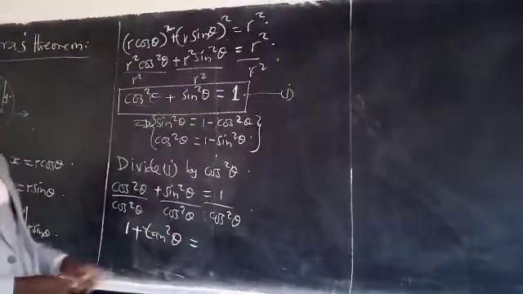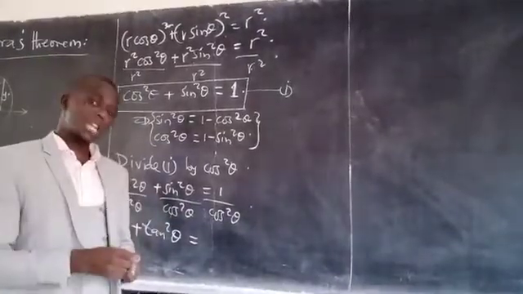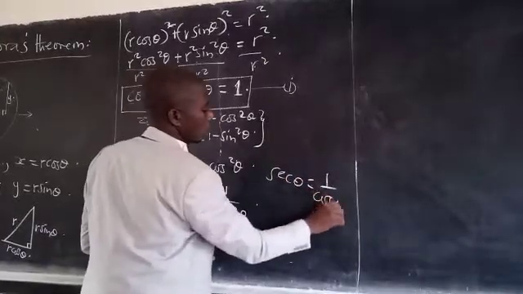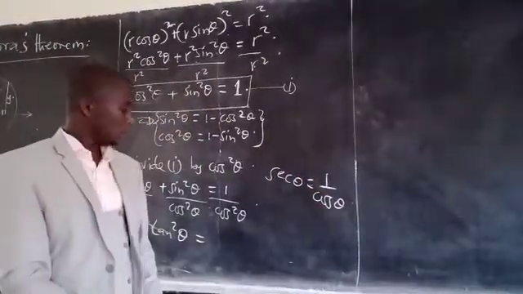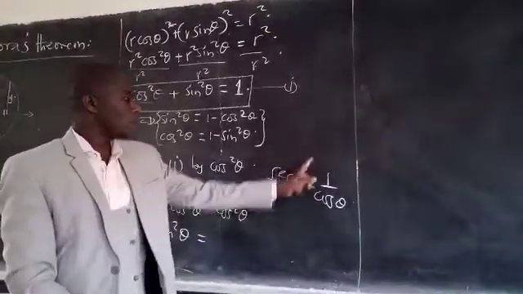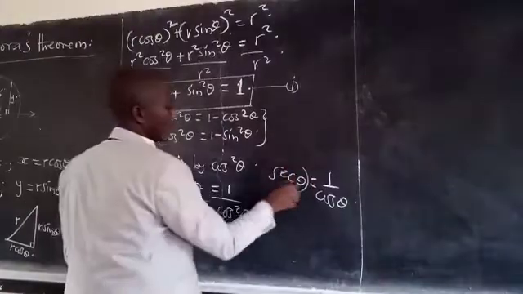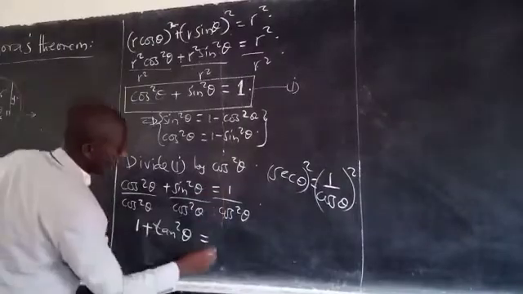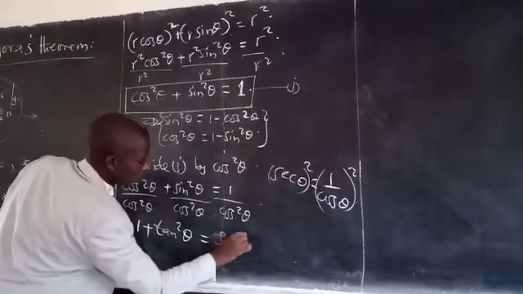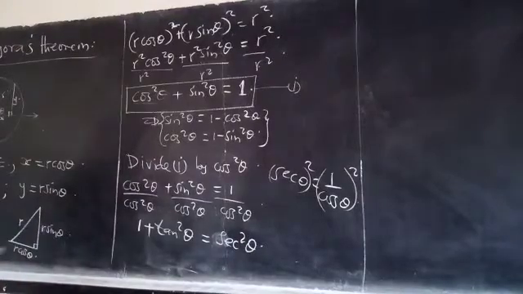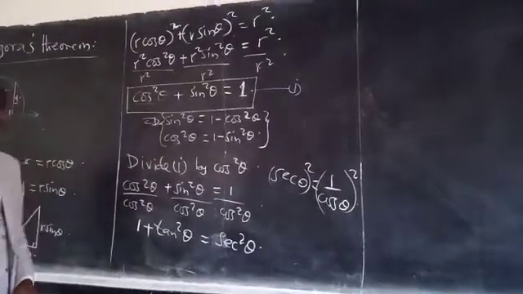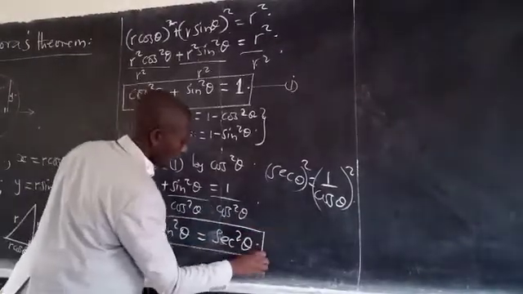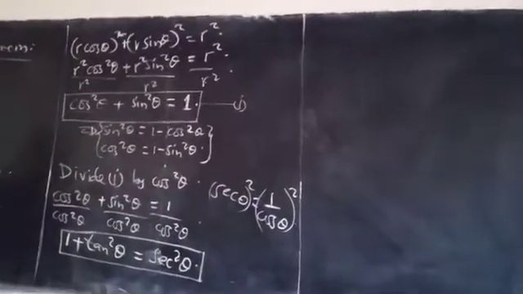And this is equal to 1 over cos squared. Remember from our first lesson that we said that a sec theta is the same as 1 over cos theta, meaning cos theta is 1 over sec theta. So therefore 1 over cos squared theta, if we square this, it will become a sec squared theta. This is also another identity that is very important in this trigonometry, and we shall also use it in solving some equations.